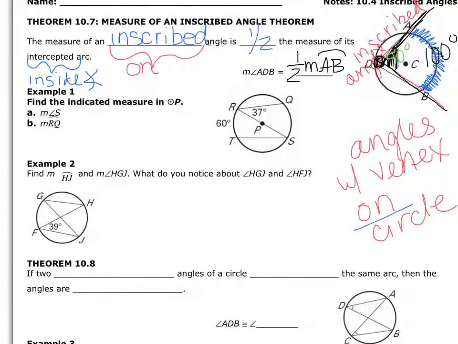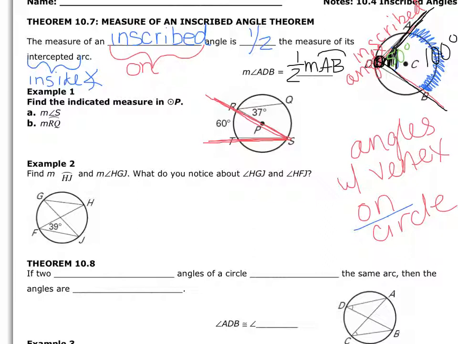All right, let's look at example 1. Find the indicated measure in circle P. First they want us to find the measure of angle S. It's helpful if you trace. Every time, ask yourself, where is the vertex of the angle they're asking about? Is it on, in, or outside?